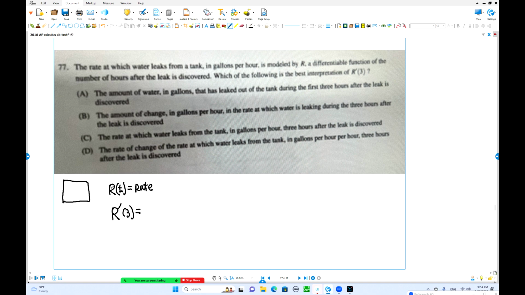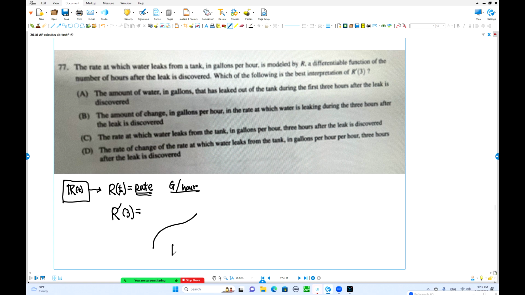There is the original function over here, the antiderivative, and I'm going to use capital T for it, okay? The derivative is the rate, the gallons per hour. This is already a rate, but its derivative is over here.